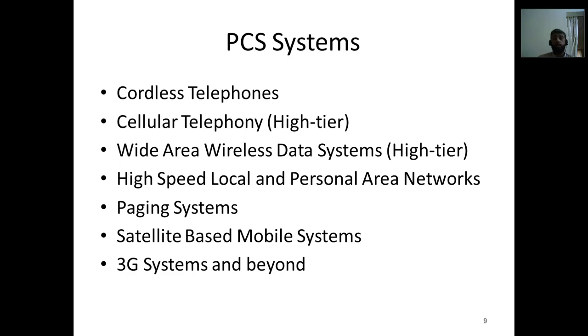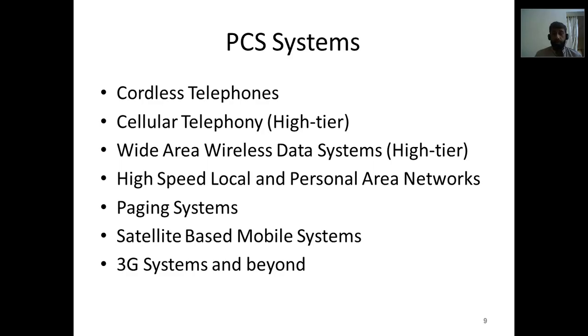So if you talk about some examples of PCS systems, you can see there can be variety of PCS systems, including both low tier and high tier systems. You can take the example of cordless telephones, cellular telephony, which is now commonly used in our daily life. Wide area wireless data systems are also used in different applications.